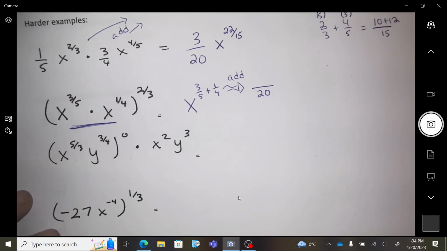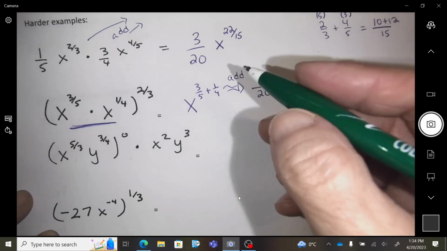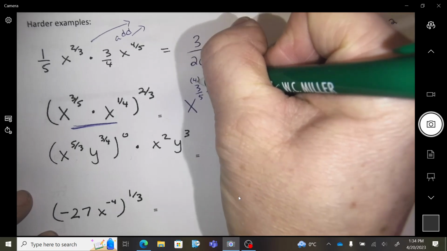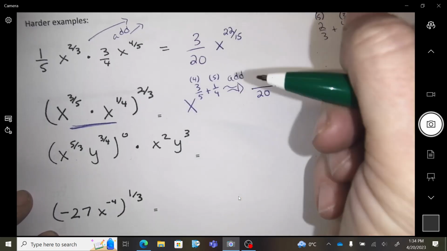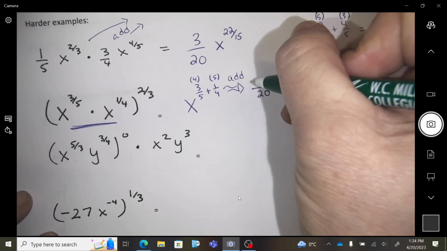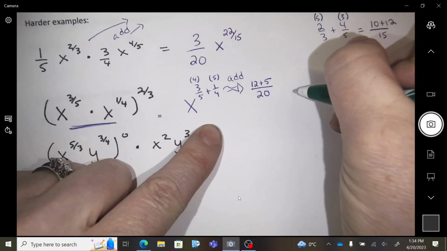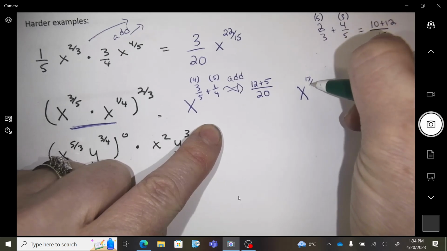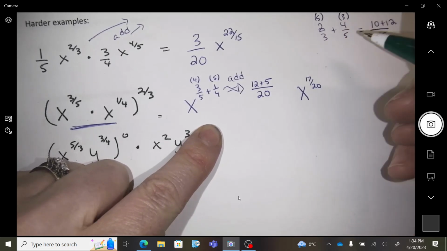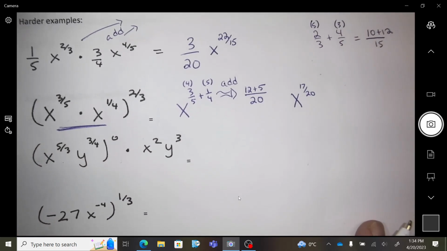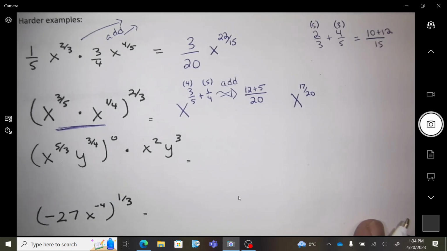I'm going to have to add them, so I'm going to need a 20. So I'm going to times this unit by a 4, and I'm going to times this unit by a 5. 12 plus 5. And I got x to the 17 over 20. When you're done, see if you get the same.